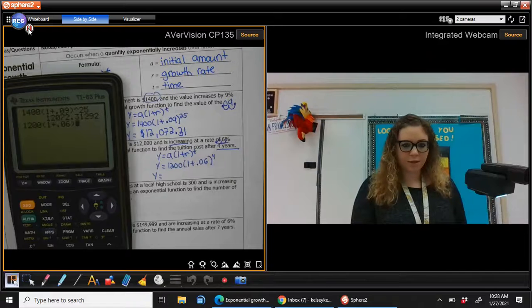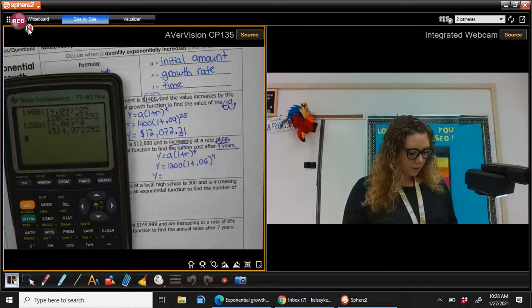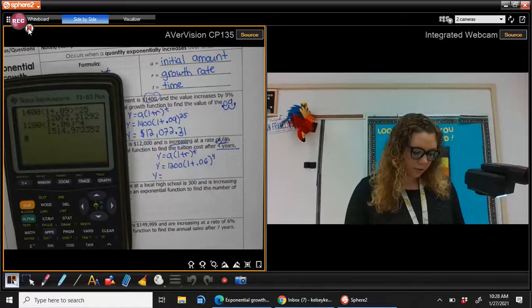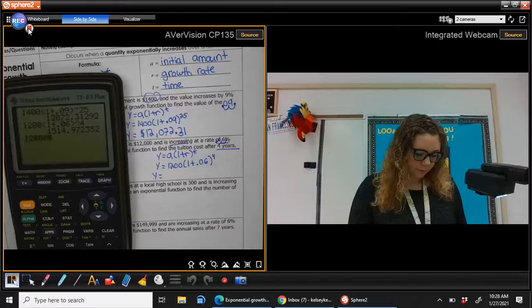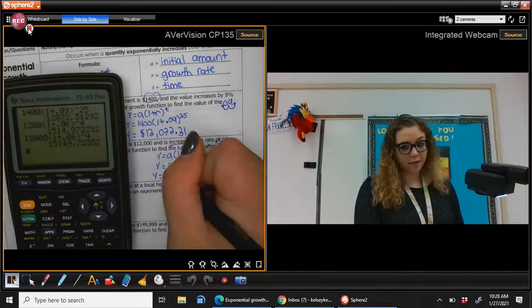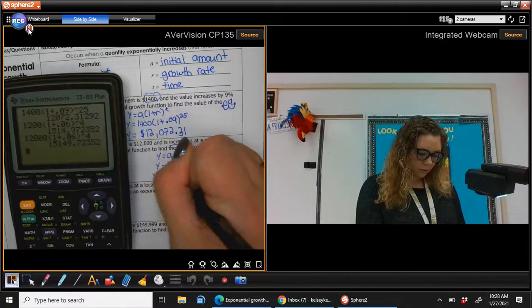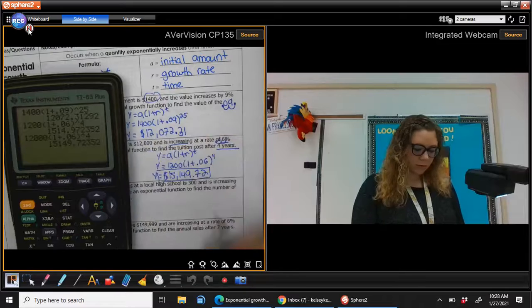To do the exponent, press the caret, 4th power, and I get $15,149.72.